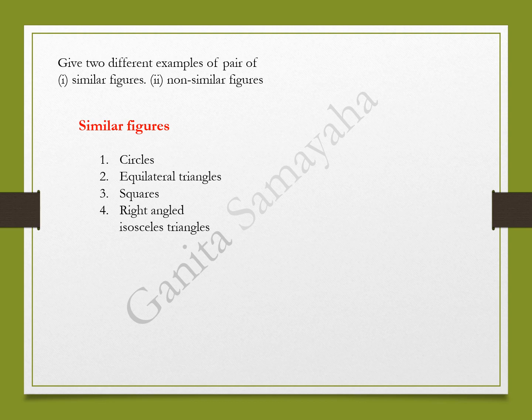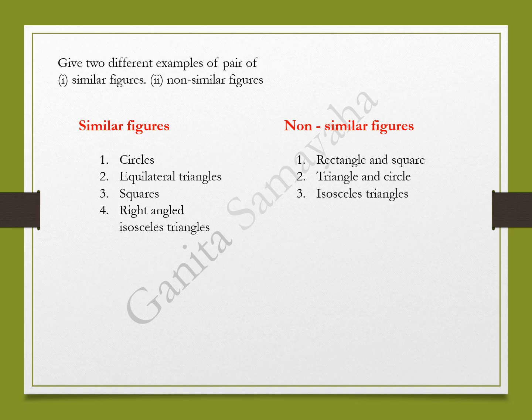A right-angled isosceles triangle will have one angle 90 degrees and the other two angles 45 degrees. So all such triangles will be similar, children. Non-similar figures, there are many. I have cited a few here: rectangle and square, triangle and circle, isosceles triangle, etc.